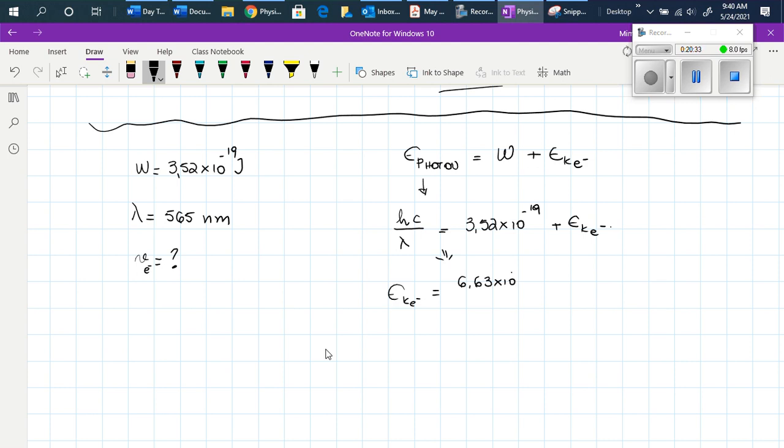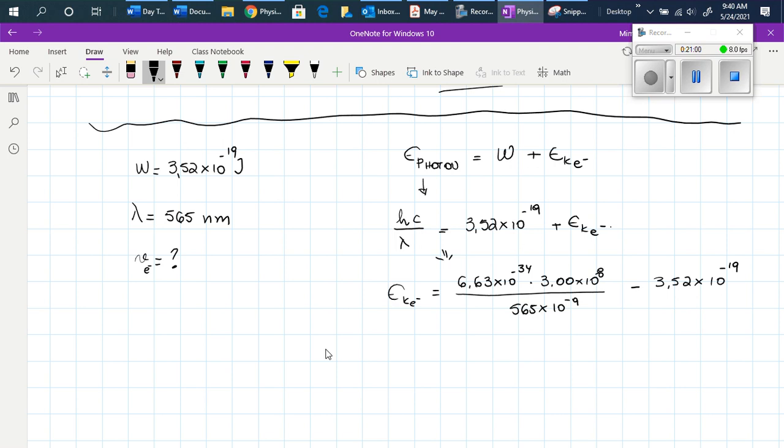6.63 times 10 to the power of negative 34 times the speed of light, 3.0 times 10 to the power of 8, over the wavelength, so that is 565 times 10 to the power of negative 9 to convert it into meters, minus the work function, that is 3.52 times 10 to the power of negative 19 joules.